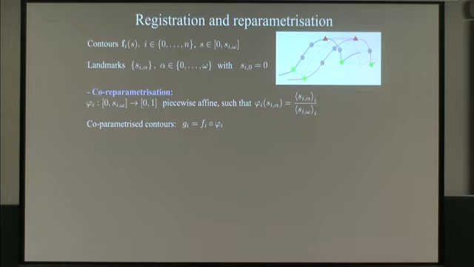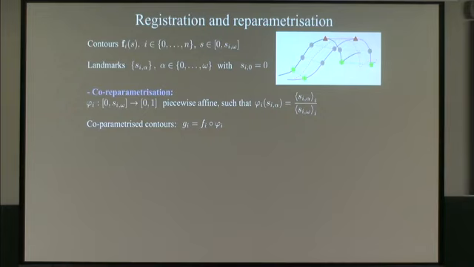In order to have a common parametrization, we transform the curvilinear coordinate as follows. We define a mapping from the total length of the contour to 0, 1, that is piecewise affine, and such that the landmark number alpha is mapped to the rescaled average position of the landmark, averaged over all contours.